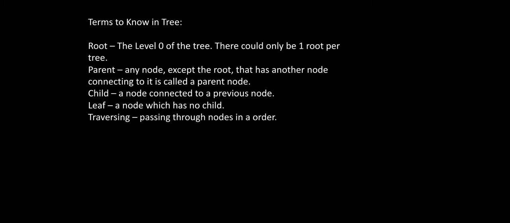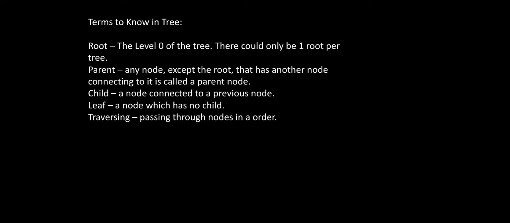Now we have the root, which is the level 0 of the tree. There can only be one root per tree, and a root has no parent node. Well, in a binary tree, a root can have a maximum of 2 children. A parent node is any node except the root that has another node connecting to it.